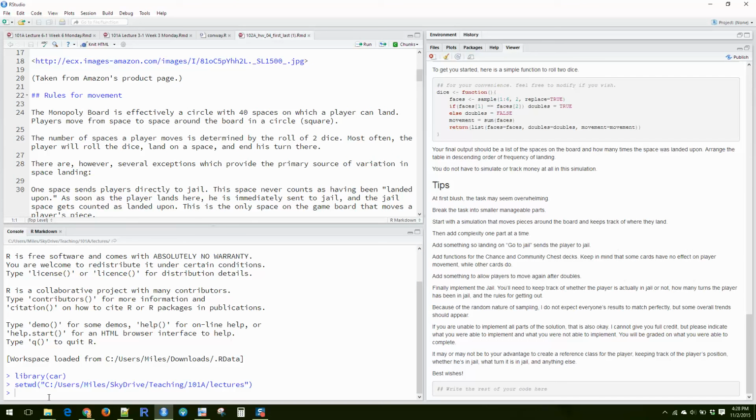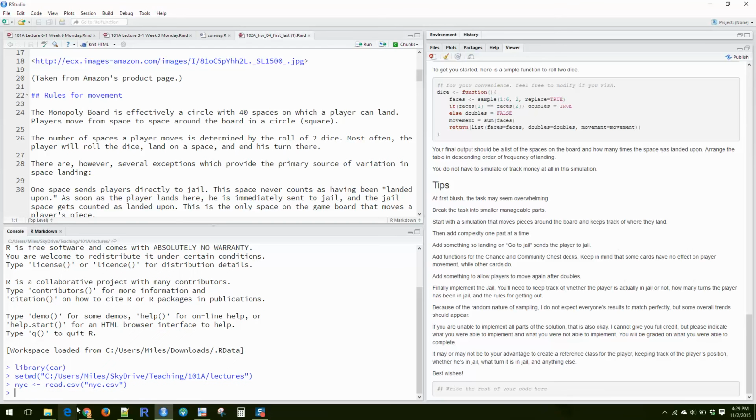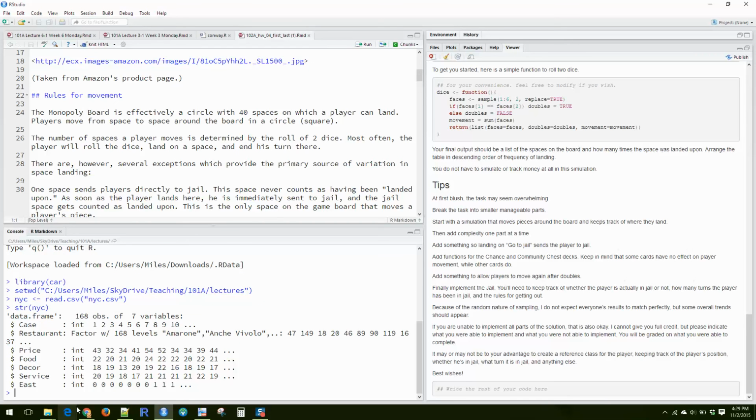I'm going to do read.csv, and so we're going to create our model, a linear model.